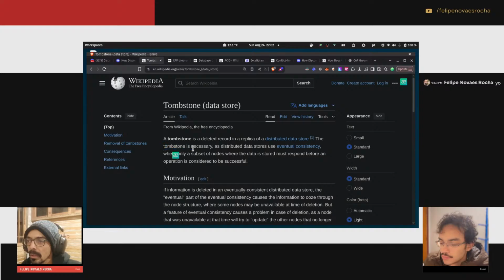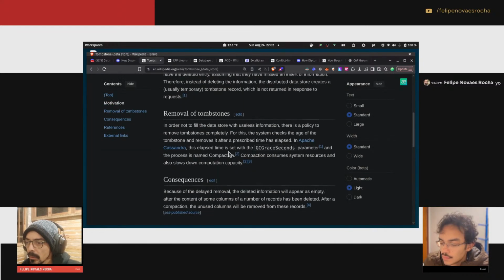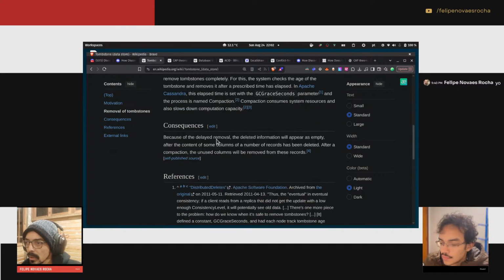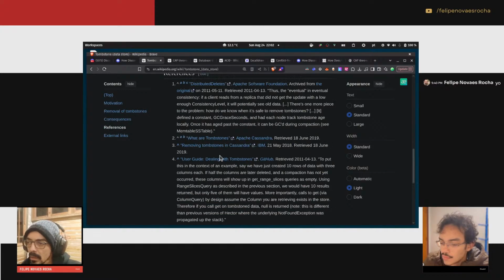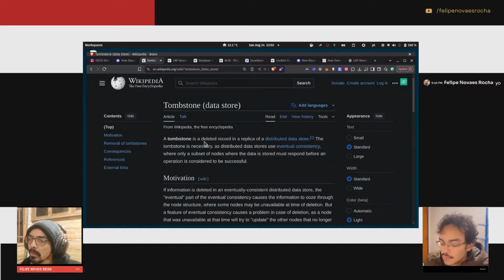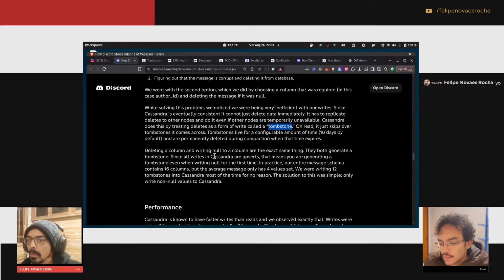The tombstone is necessary as distributed data stores use eventual consistency, where only a subset of the nodes where the data is stored must respond before an operation is considered to be successful. Removal of tombstones, consequences. We could go more into that, but let's keep going here.